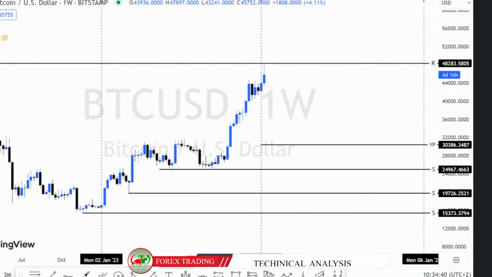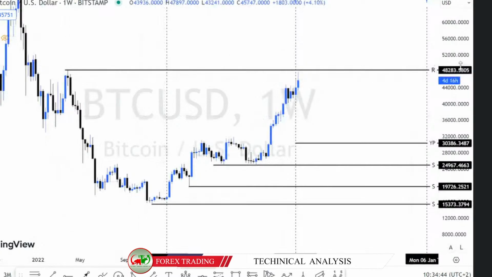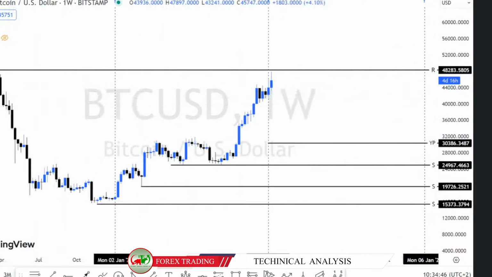Now it is approaching this resistance around 48,000, and we do not expect Bitcoin to continue pushing up from there. So we are going to wait for the pullback around this 30,000.